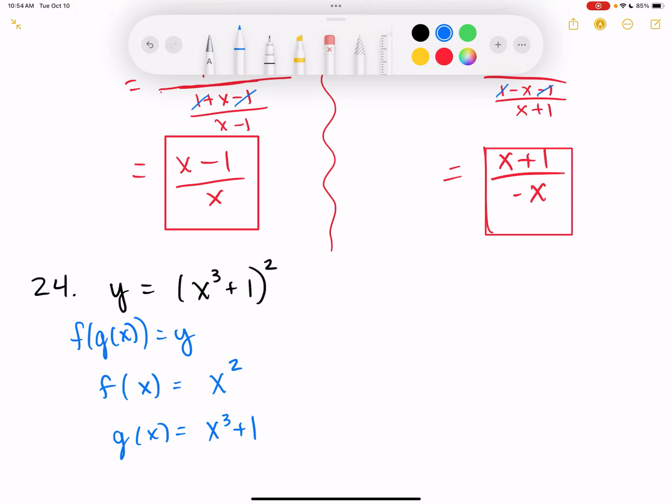Another option for this one, you could have said that g of x was x cubed, and we could have said then that f of x was, in parentheses, x plus 1 squared. And that's going to give me the exact same thing, but it's two different ways that you can write it.